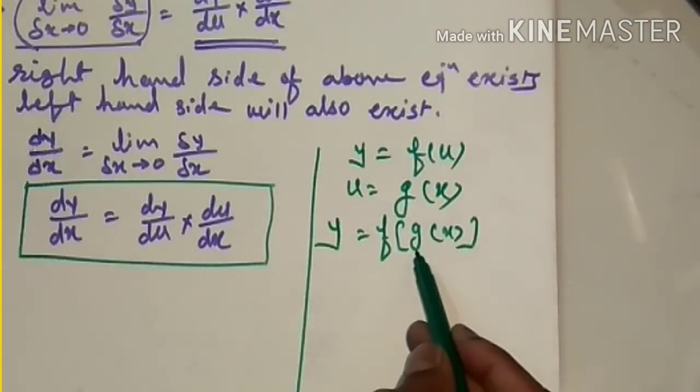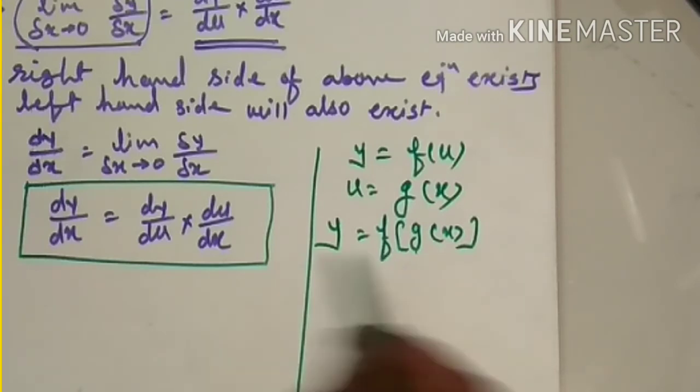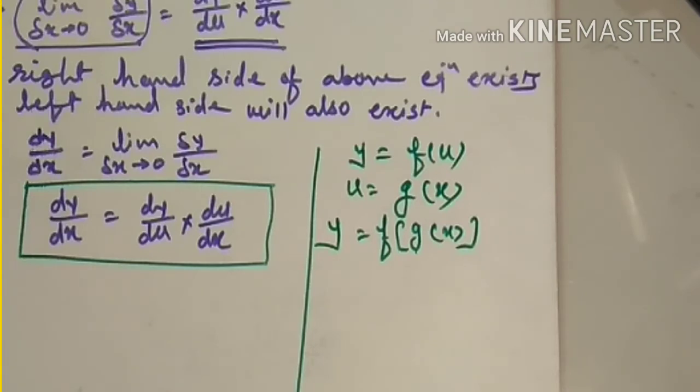This g is combined in f. Have you seen at home your mother put a small box in a big box, again a small box in the small one, and again a box, like small boxes are kept in the big one, isn't it? So you get the combination of that. The same way the outer function is f, and g is inscribed in that.